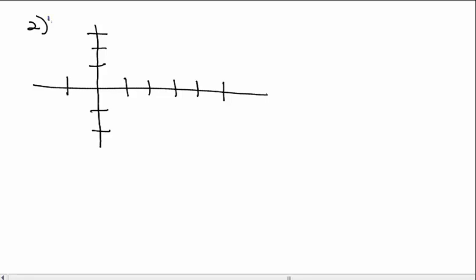So this one's going to come in, we're going to bounce, come up, go through, come up, and then we're going to level off as we go through there. And we're going to come up with the equation, the function, for this graph.